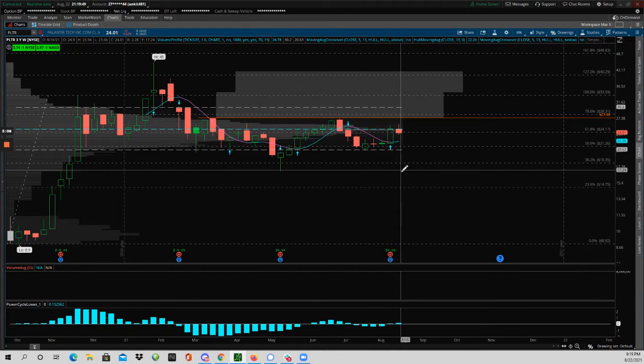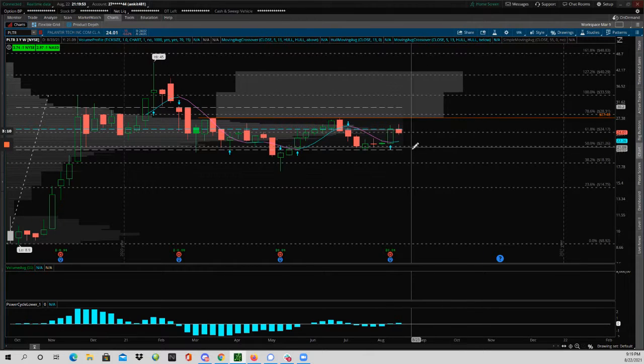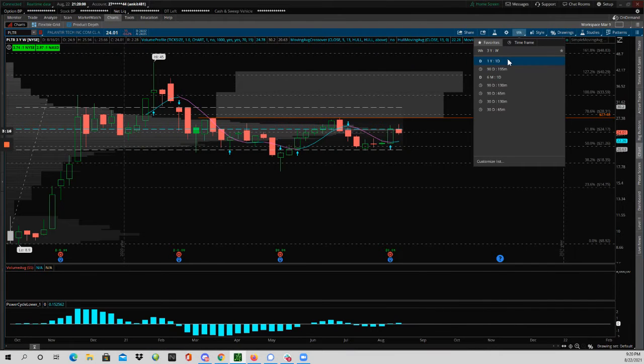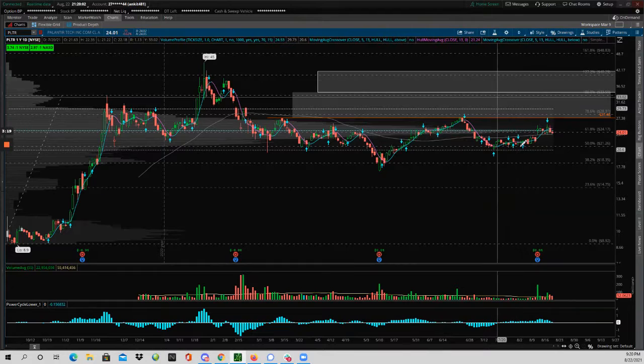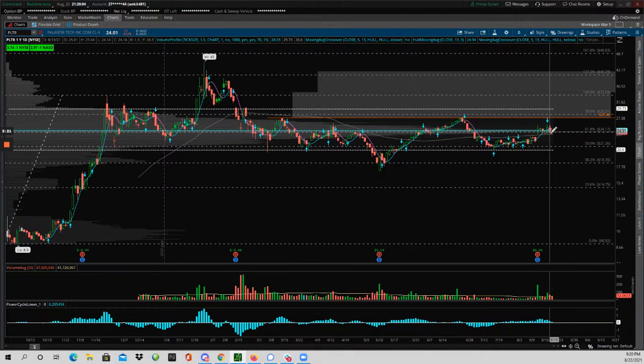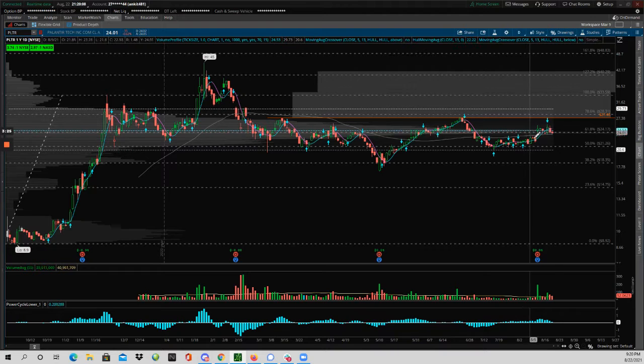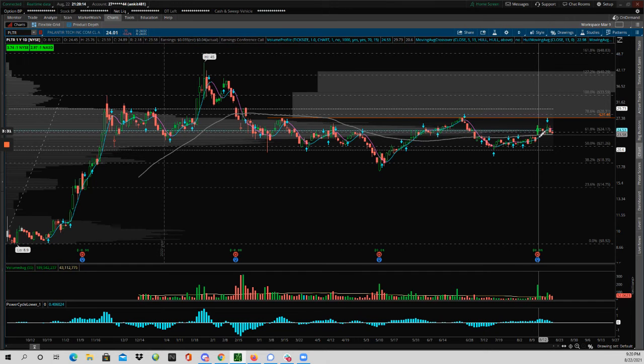The good part about PLTR is that it's way past its earnings. So that's when I entered a long position. If you look at the 1 year daily, again, the price is resting at the volume point of control of the volume profile, and it has started to defend the gap right after the earnings.